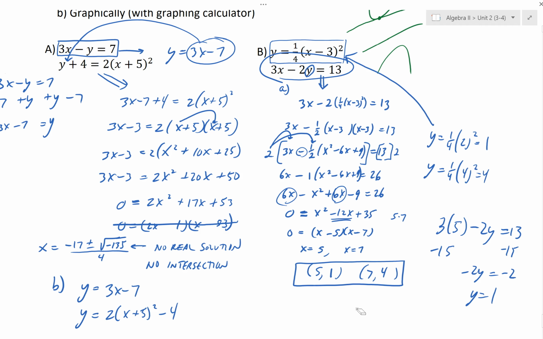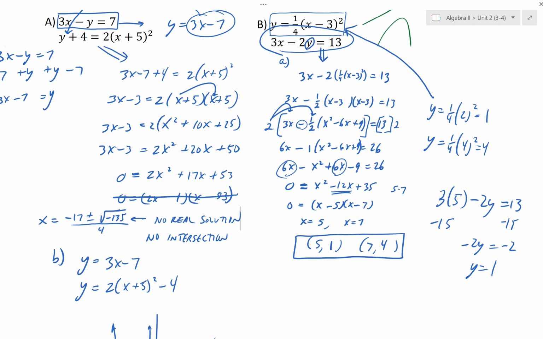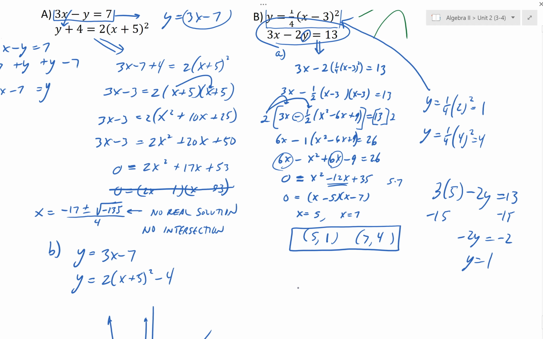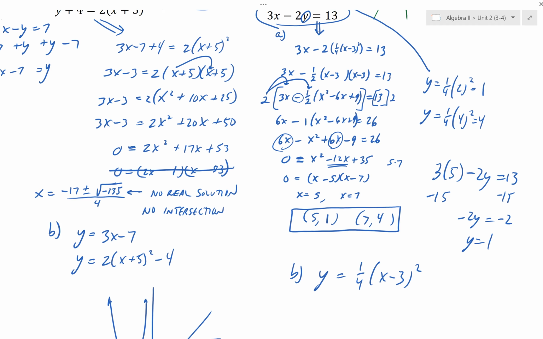Okay, now let's try the same problem on the graphing calculator. So the first equation, we already have y by itself. The second equation, I need to get y by itself.